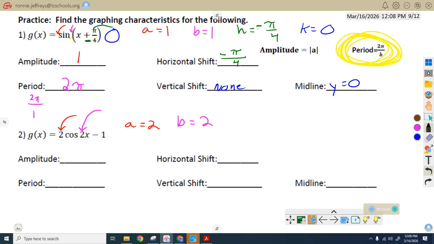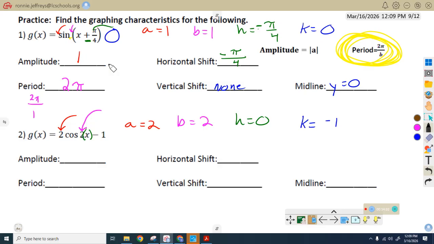It's not a trick question, I promise. What other number is in the parentheses with X? Nothing. None. Not 2. There's A, and K equals negative 1.